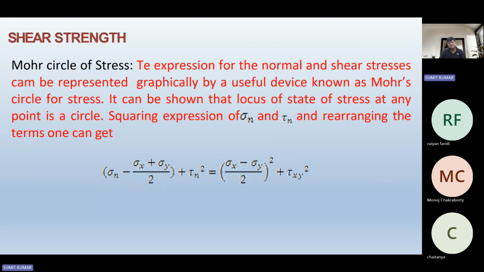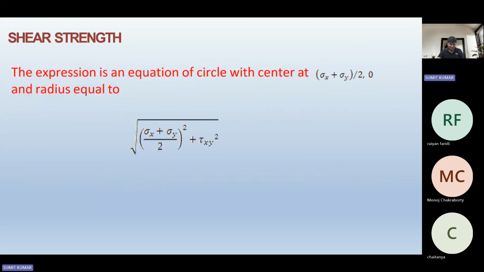Squaring the expressions of sigma n and tau n and rearranging the terms, this can be written as sigma n minus sigma x plus sigma y by 2, squared, plus tau n square, equals sigma x minus sigma y by 2 squared plus tau xy square. The expression to calculate the radius is given below.